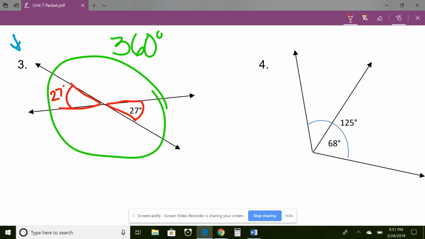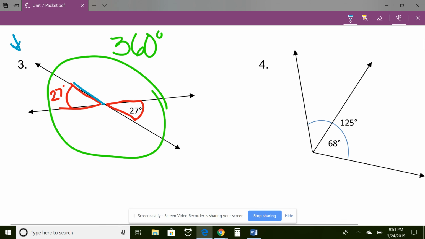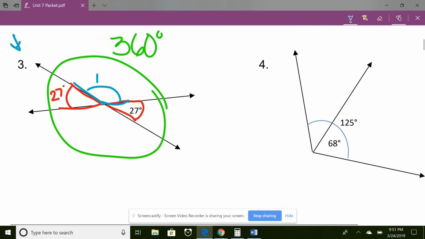Also, we know that the angle next to the 27 degrees is called an adjacent angle. This angle right here, they are going to form a line, so it is going to be 180 degrees in the line. So to figure it out, I do 180 minus 27, which is 153 degrees. Those two angles together will form 180.